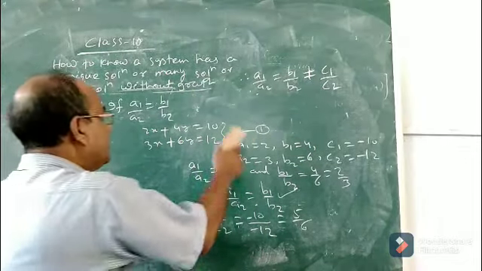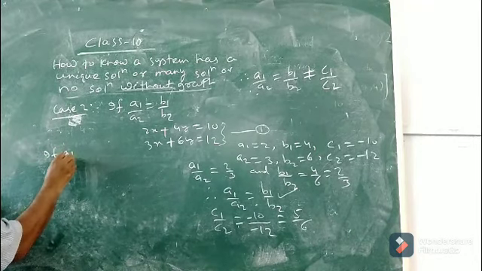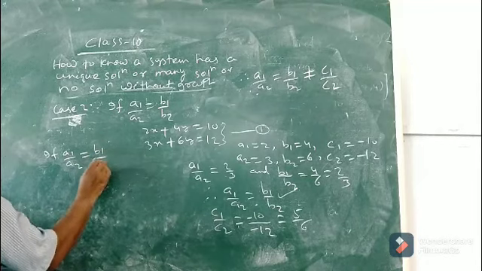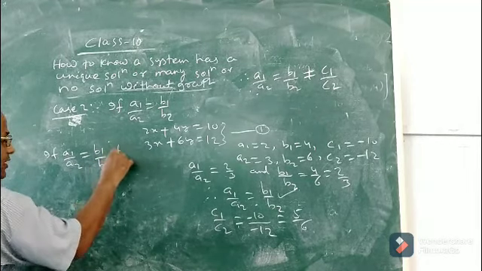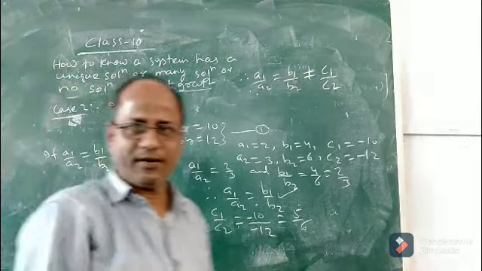So in this case, what will be the conclusion? If A1 by A2 is equal to B1 by B2 but they are not equal to C1 by C2, what will happen?